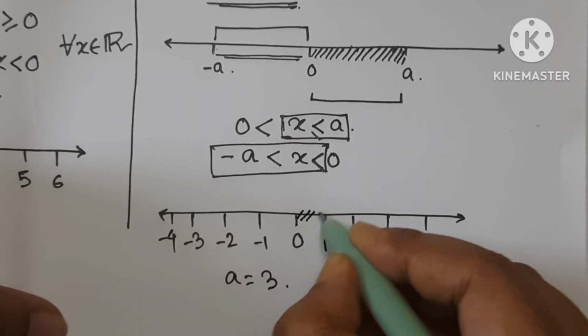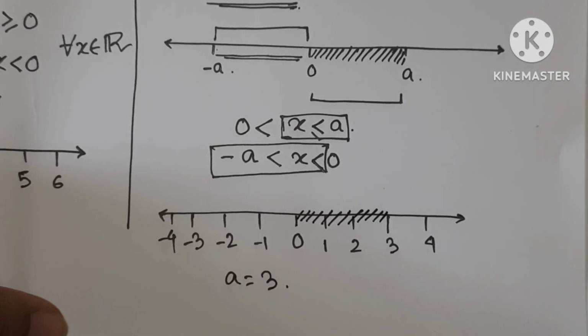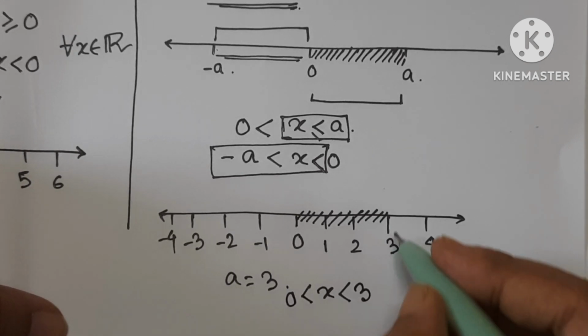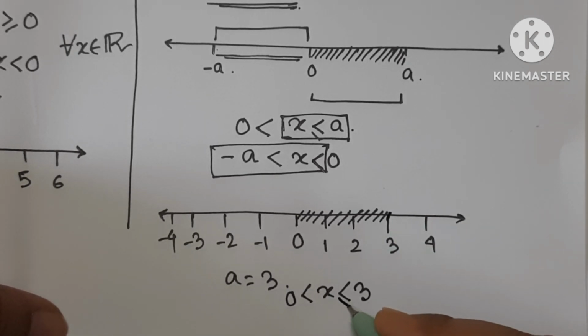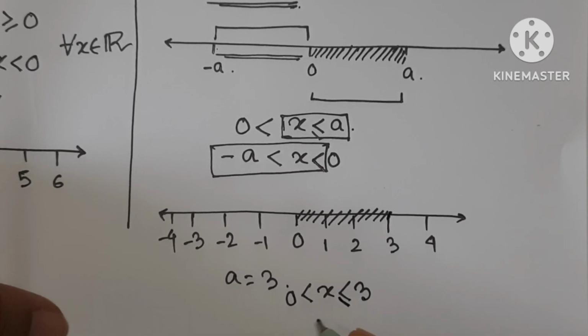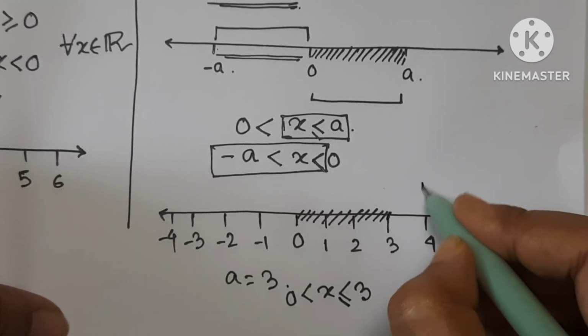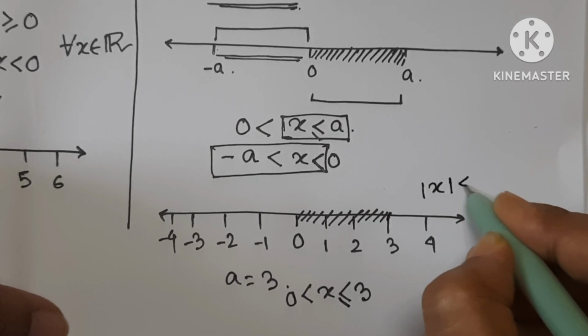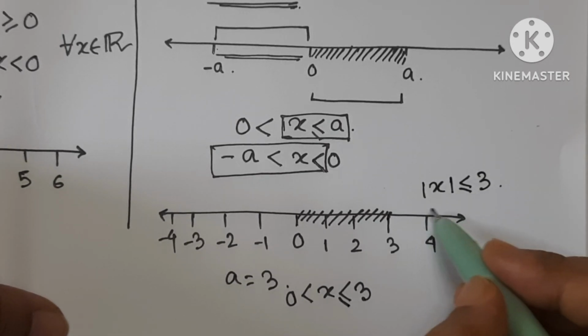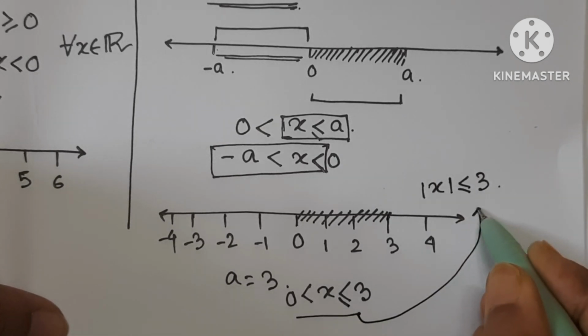If you consider this region, all the values of x that are less than 3 and greater than 0, and if you consider this point, then you can write this. So here the value of x is less than or equal to 3, so that satisfies mod of x less than or equal to 3.